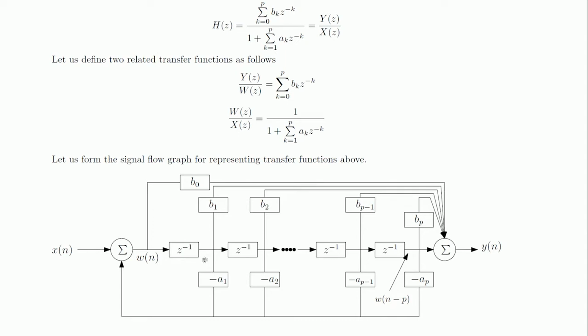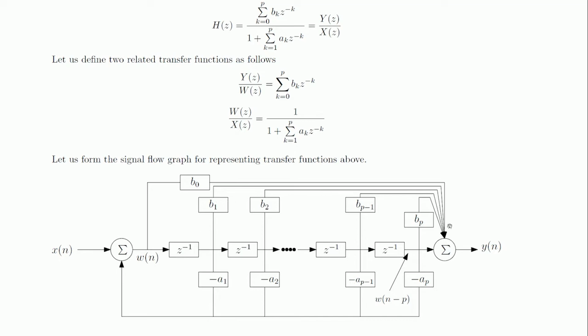Then again from the output of the first delay element you have a feed forward path through the gain b1, and then there is a feedback path through minus a1 which is going back to the input. The feedback path leads into the input here, and the feed forward path goes to the output.